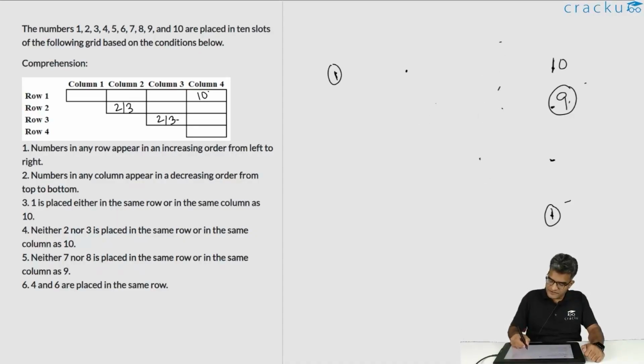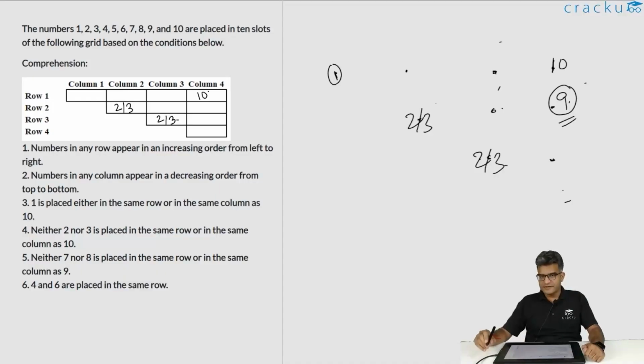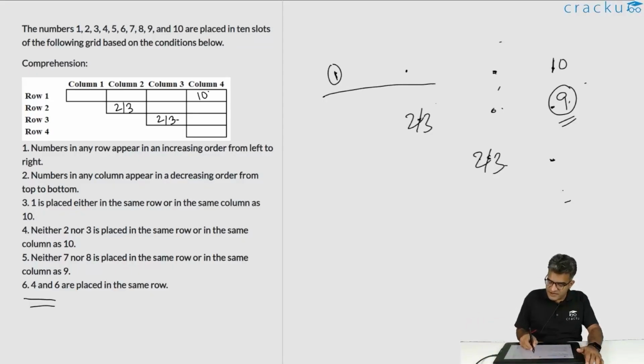So now if you are looking at it, out of these 2 options, we'll try to figure out which one will be 9. These are the 10, this is 2 or 3, this is 2 or 3. If say this number over here is 9, then where will 4 and 6 come? We are told that 4 and 6 are placed in the same row. If 4 and 6 are placed in the same row, 4 and 6 will have to be in row 1. That is the only possibility.